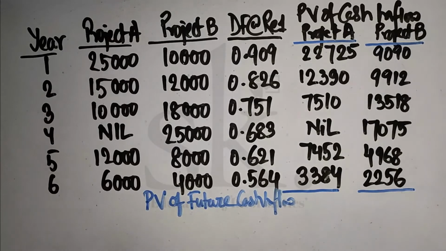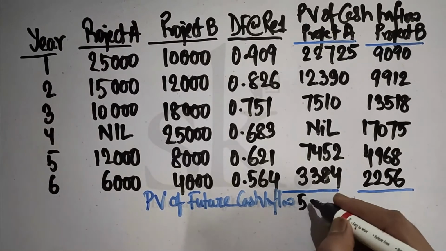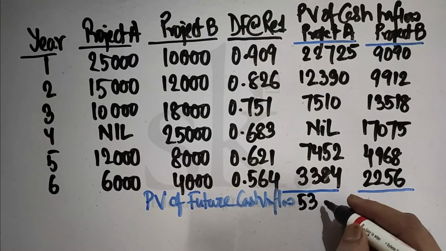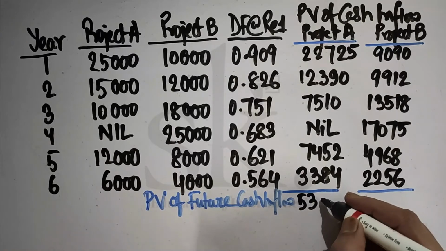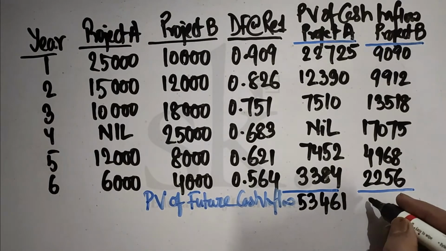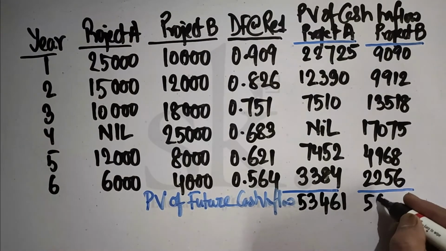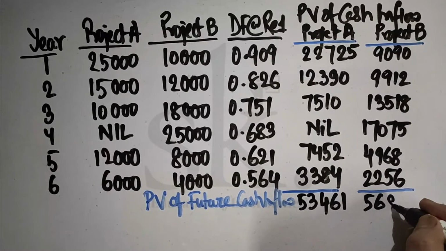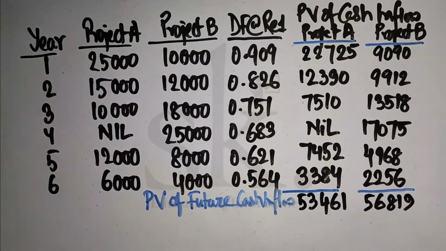If I add up, it is coming 53,461. You always use a calculator for this. 53,461, and for project B it is coming 56,819.